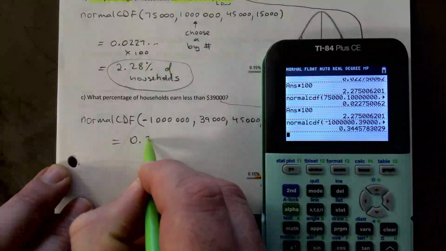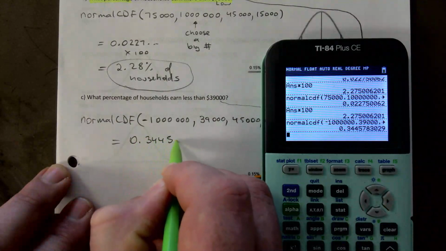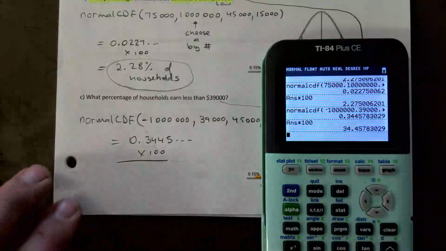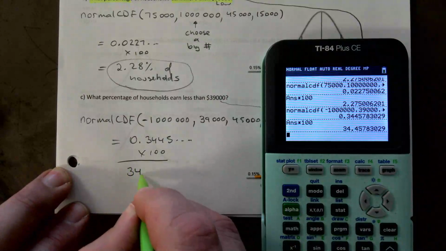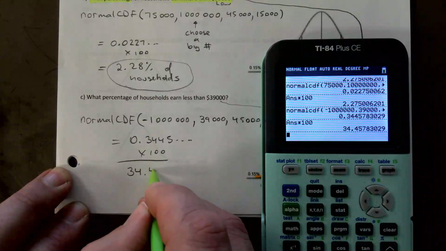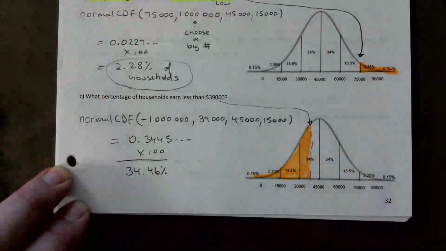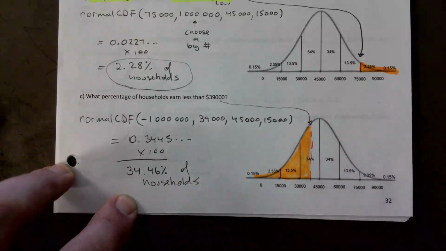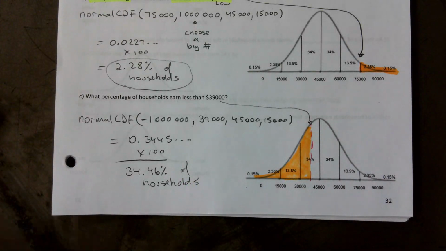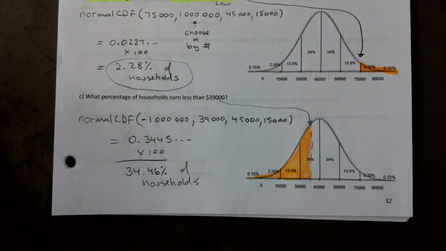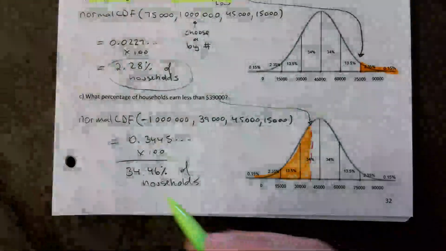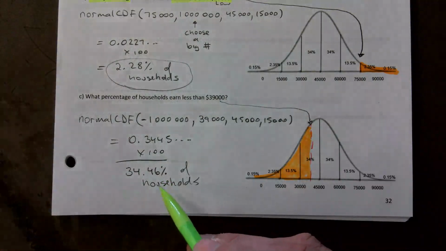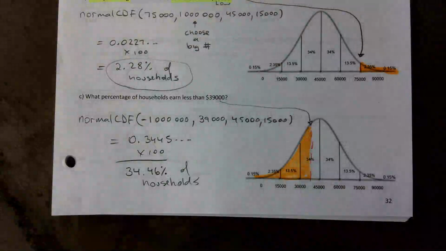And that is 0.3445 and then some, 34.46% of households. So if 39,000 would represent a low-income family, then there's about a third of the households in the low-income bracket, in this case.